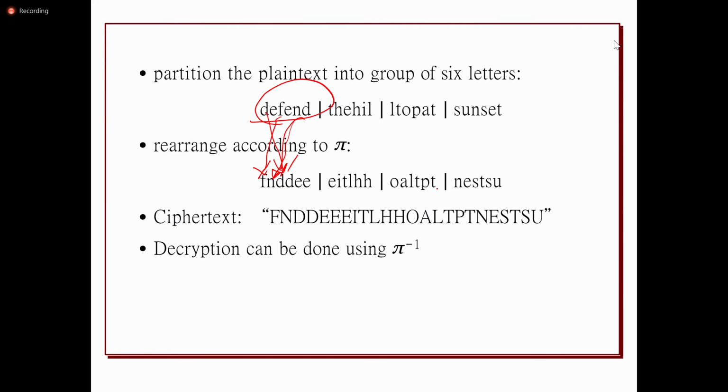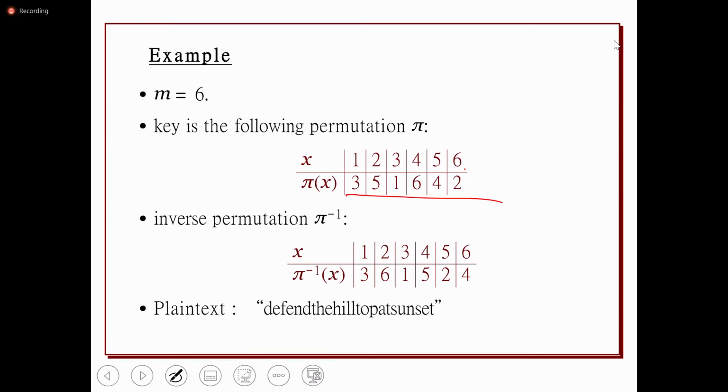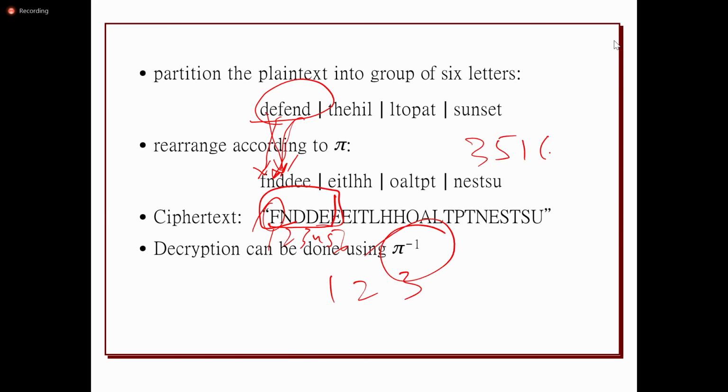Then for generating the plain text, it will apply the inverse permutation. So it will take 6 letters, and then again it will take the numbering 1, 2, 3, 4, 5, 6. So here 3, 5, 1, 6, 4, 2 is the order, and in that order it will take.